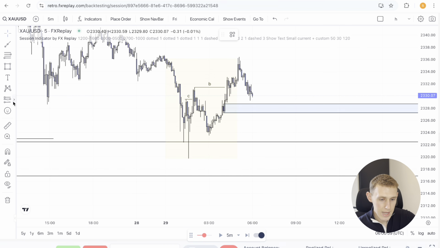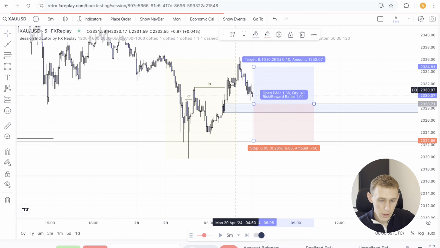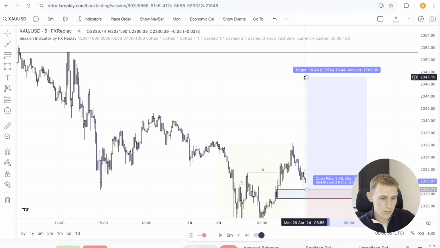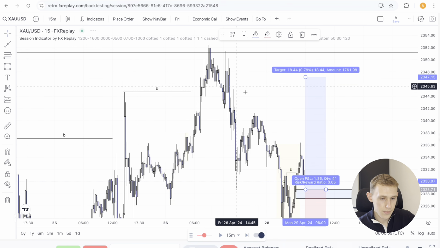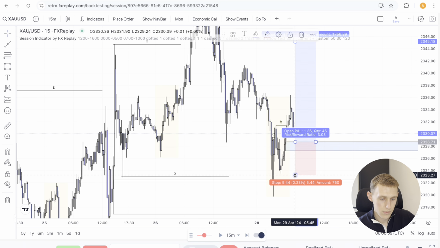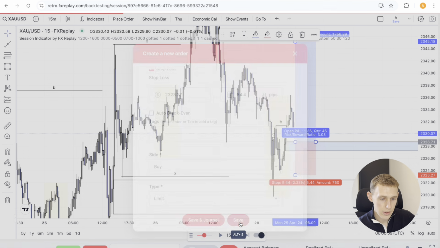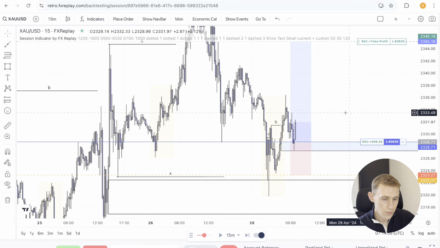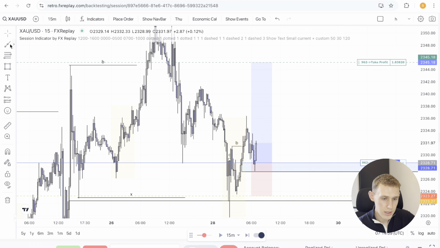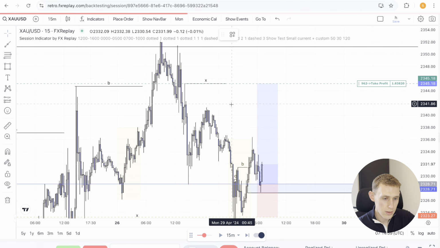So if I set a limit here, stop slightly below that low, and we'll go for a 1 to 3. Slightly smaller stop actually. Right, there we go. So we're tagged into this move. The reason I'm targeting here, by the way, is because it aligns with this liquidity level that previously tapped into this supply zone.